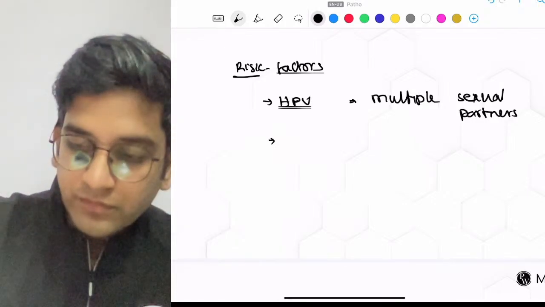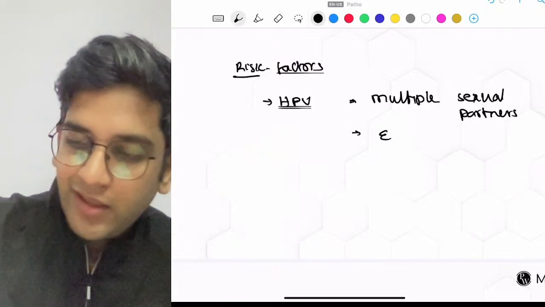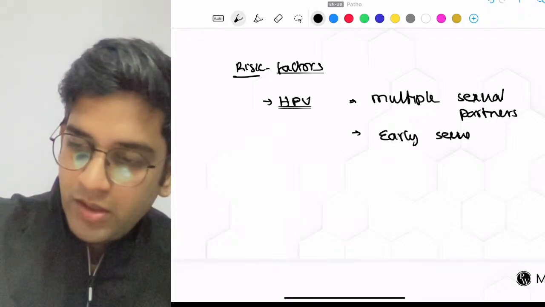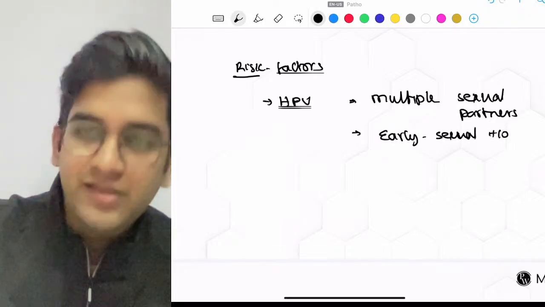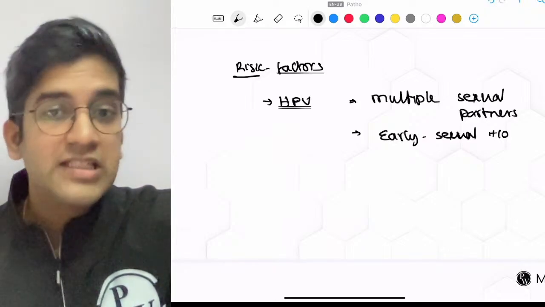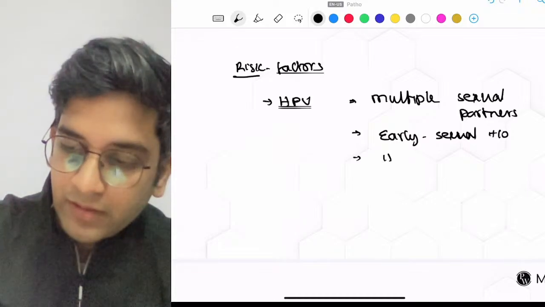There are a few more risk factors to be written from Robbins. Early sexual history, which means the person starts sexual life very early. There's a very high chance that could mean multiple sexual partners. That's why it is there. A higher parity rate.